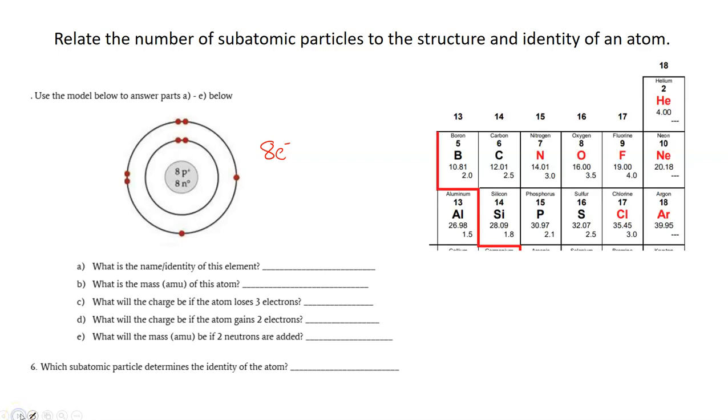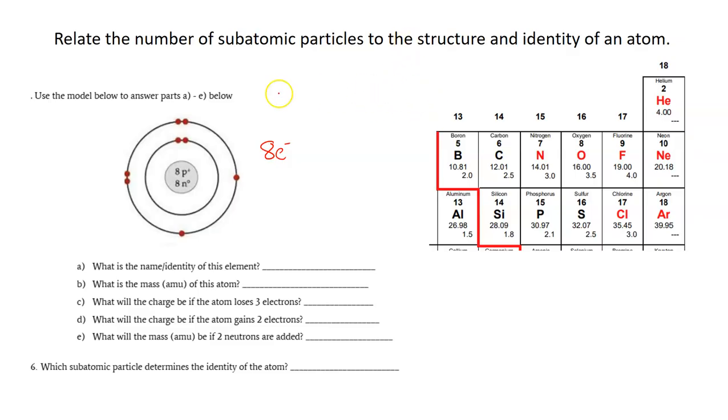And what we need in this case is a periodic table, unless perchance you have memorized all of the atomic numbers for all the elements, which I doubt you have. The periodic table is going to be an essential tool for this exercise.